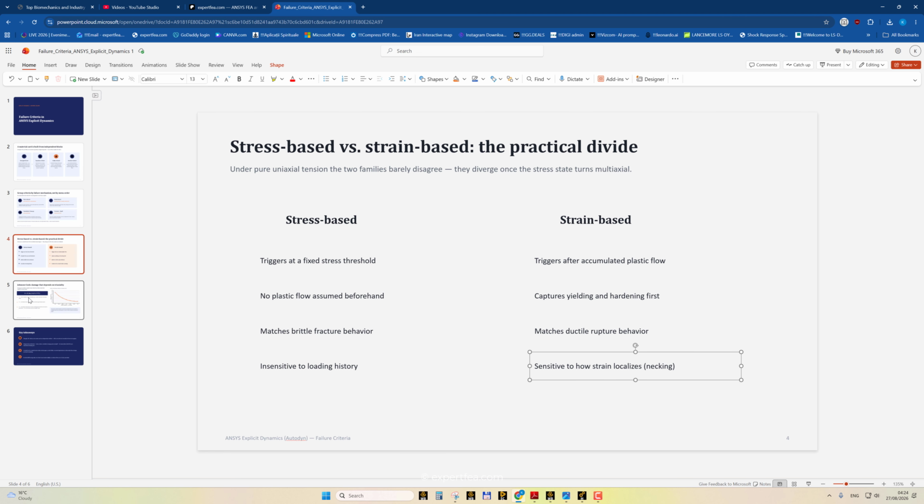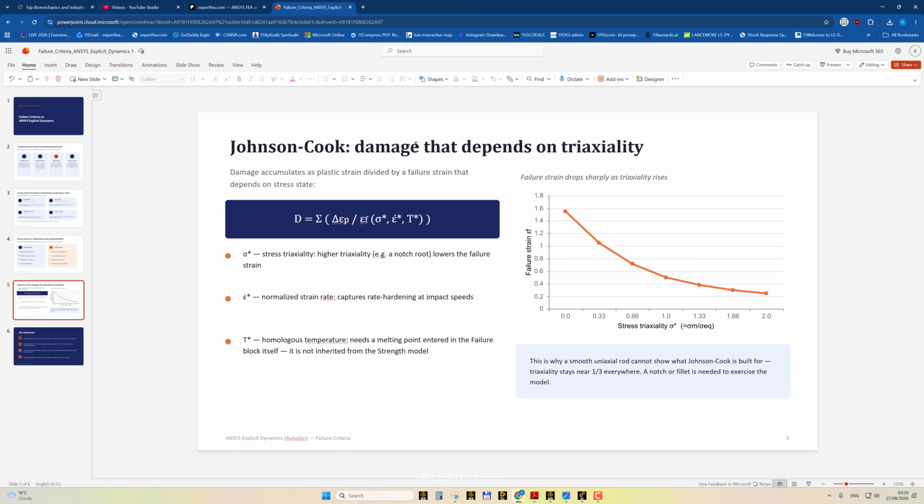Instead, look here. The most reliable, which covers most of the failures, is the Johnson-Cook failure criterion, which describes a damage, which is the sum between the plastic strain and the failure strain.